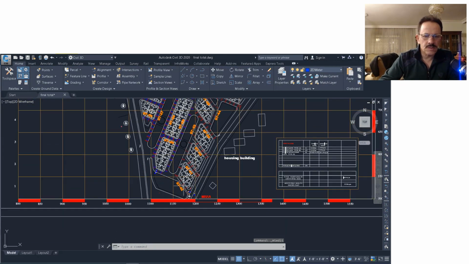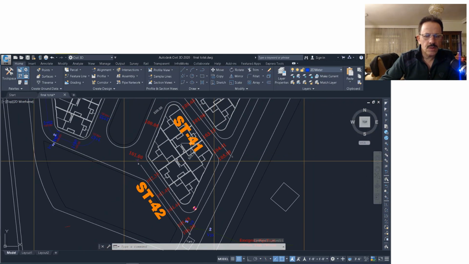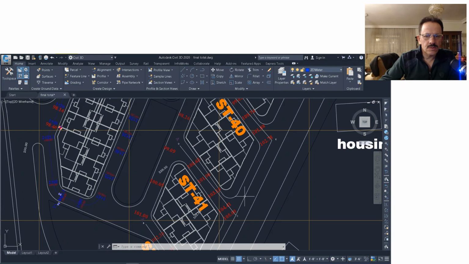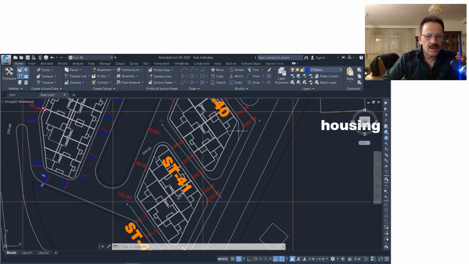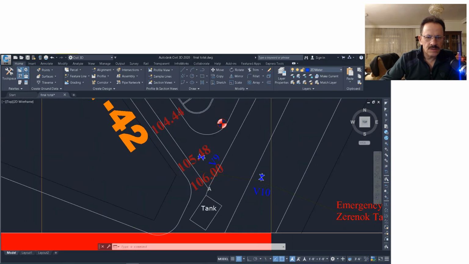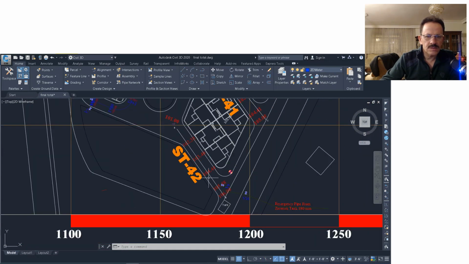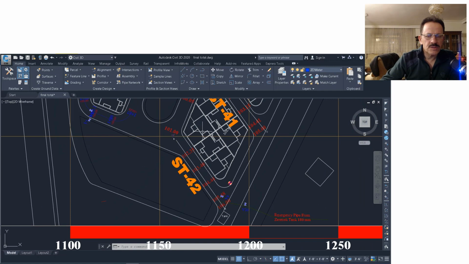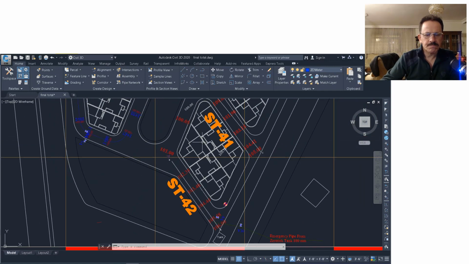Now let's say this is my zone. You shall continue with numbering all the pipes. So I have a tank, and this tank can send water to these parts.